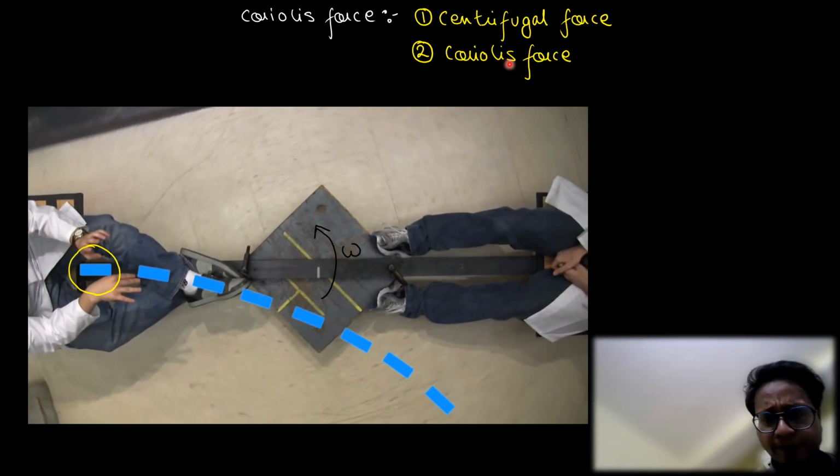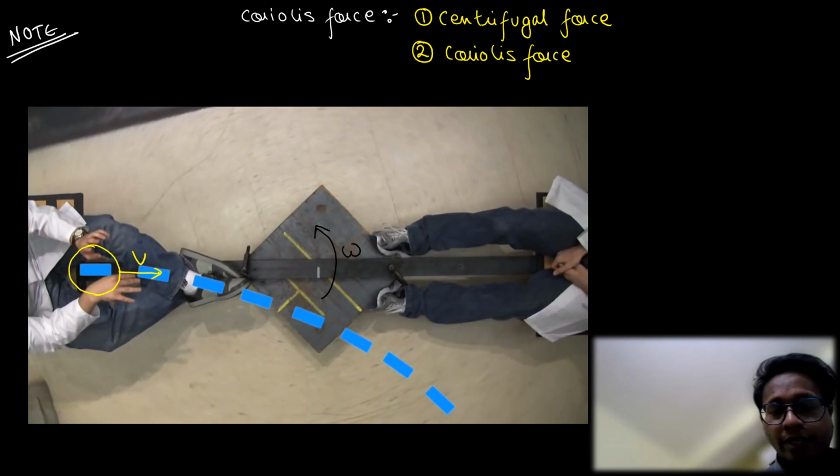Is that understood? Now from the perspective of the camera, the ball was thrown with velocity v. Remember, this velocity v is from the frame of reference of the rotating frame. Out here let me write down a note.